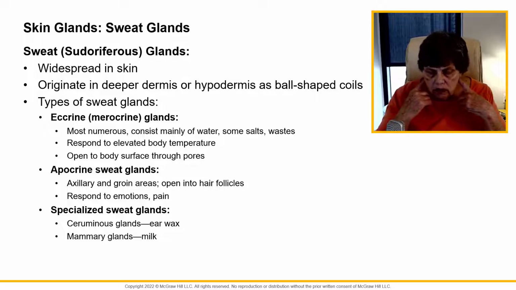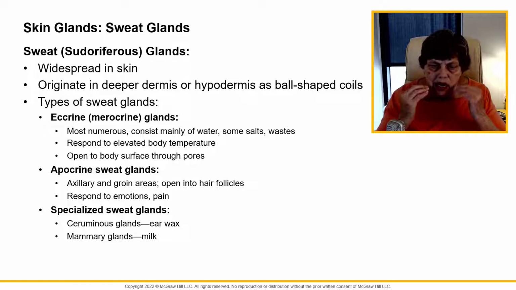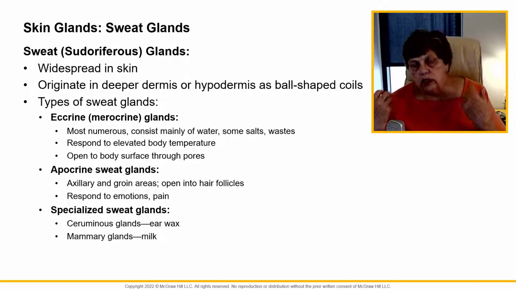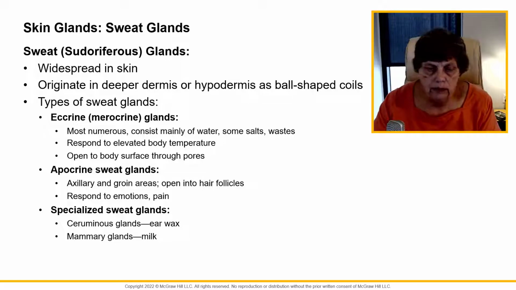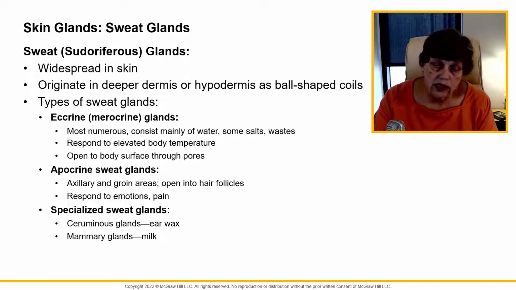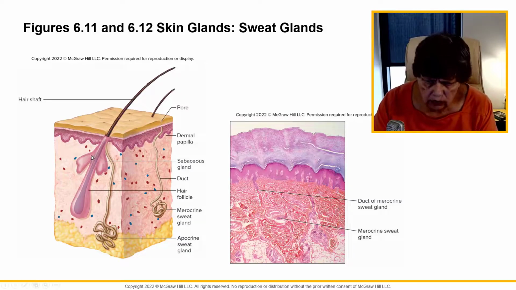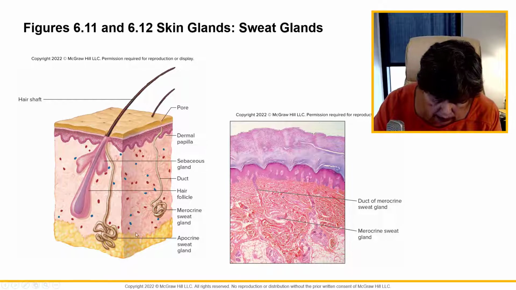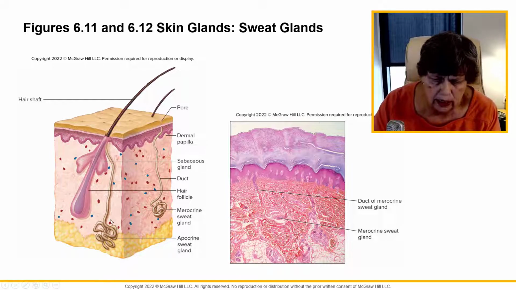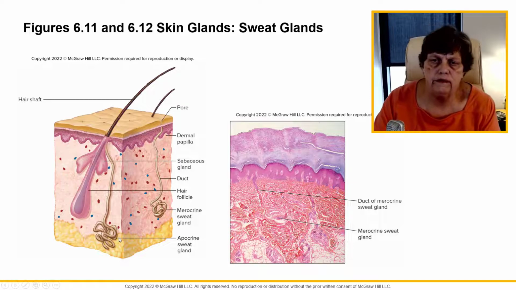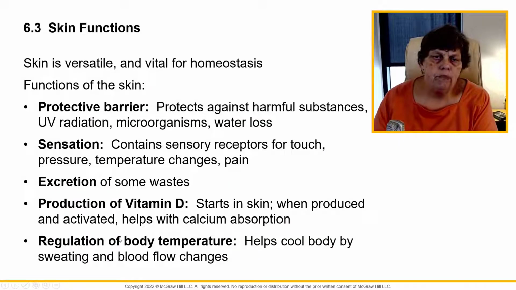But these are the glands that sit at the external canal of the ear and secrete the earwax. And then we have the mammary glands, which are a specialized sweat gland that secretes milk. So you can take a look at the merocrine sweat gland and apocrine sweat gland. That's a little bit closer down in there towards the fat layer.